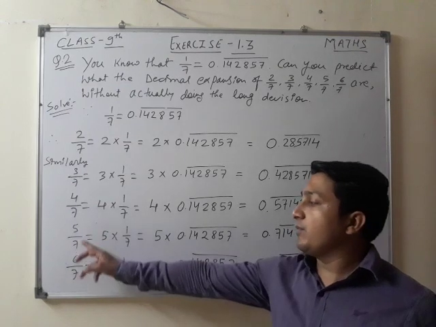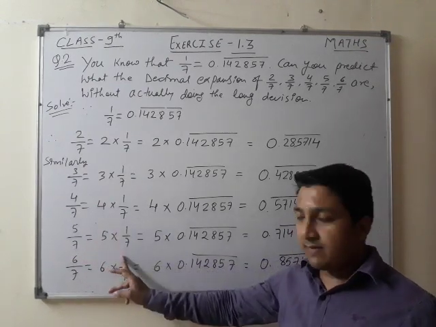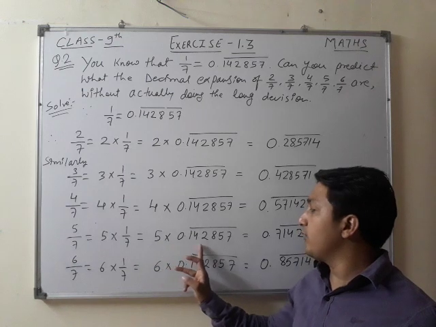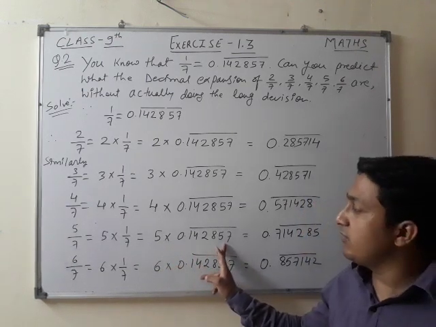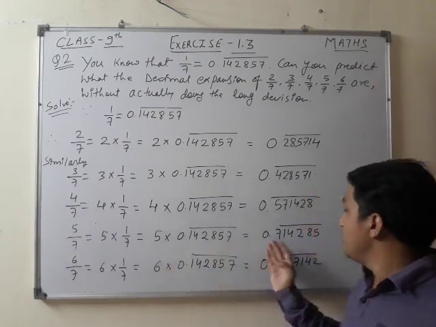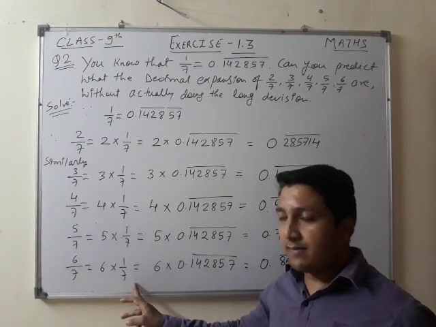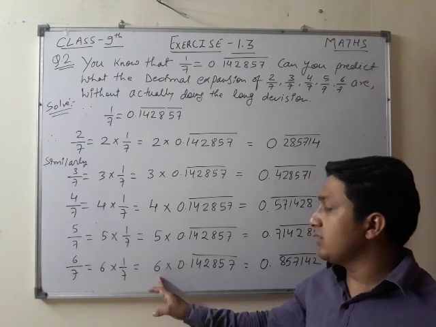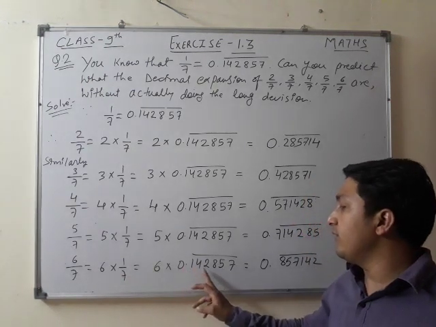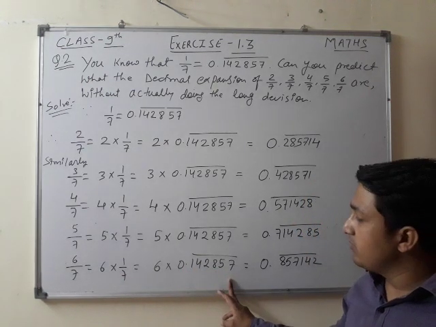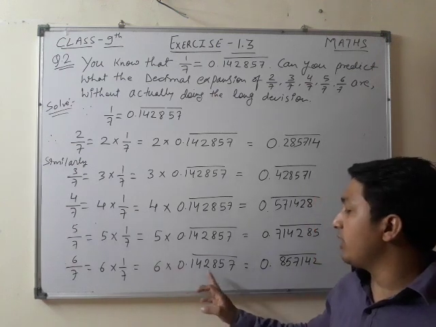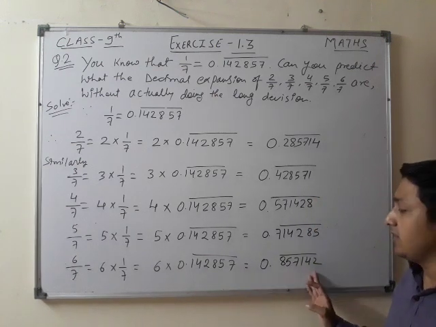Okay, 5 upon 7. So 5 into 1 upon 7, that is 5 into 0.142857. When you multiply 5 in this number, you will get this value. Now 6 into 1 upon 7. When you multiply 6 into 0.142857, you will get this value.